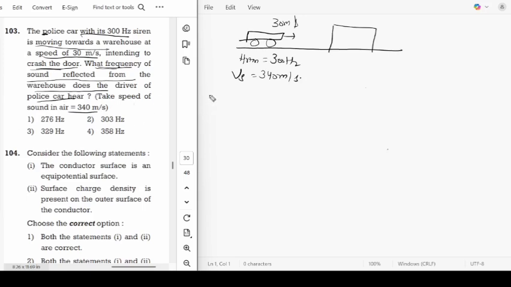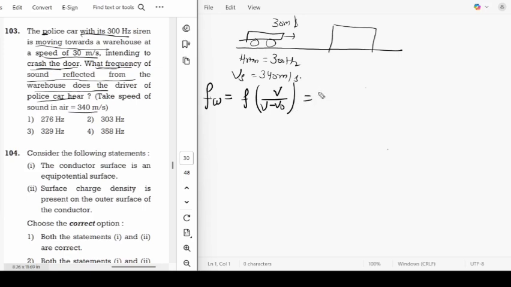First, the frequency with which the sound reaches the warehouse, that is f equals f s times v divided by (v minus v naught). In this, the source is moving and the object is stationary.